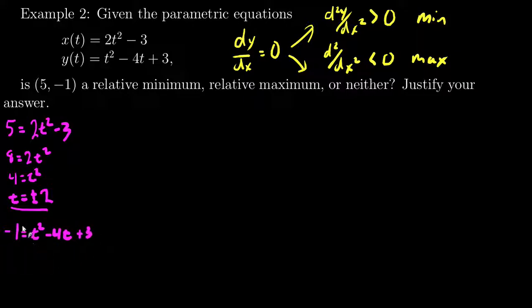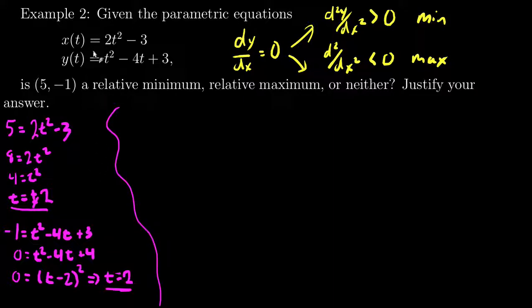And this is quadratic, so I'll add 1 to both sides and get 0 is equal to t squared minus 4t plus 4, which means 0 equals, this is a perfect square trinomial, (t minus 2) squared. And so t can only equal positive 2. So negative 2 is not one of our t values. So t is 2.